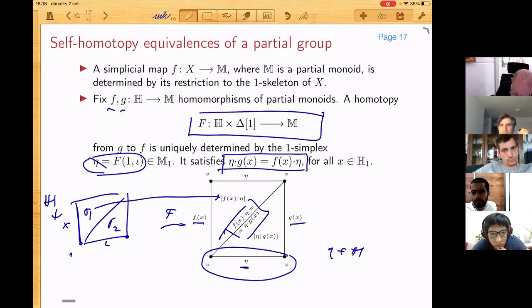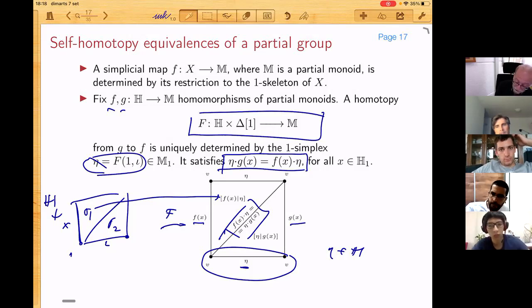So this gives you the idea of the relation between homotopy and conjugation. This is not yet a conjugation, but almost. It remains to see whether we are able to really conjugate G of X. I mean, if we can multiply this on the right by eta inverse. If there exists something like that or not, right?